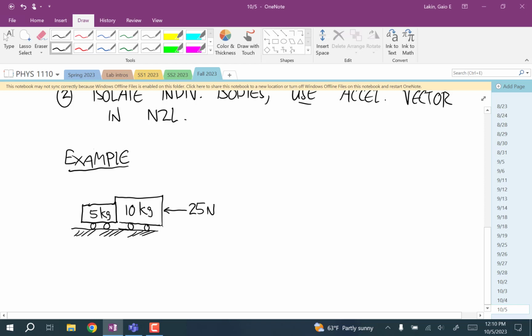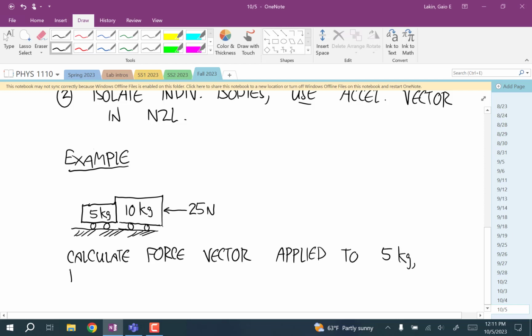And there's a 25 Newton force being applied to the side of the 10 kilogram one. And we want to calculate the force vector applied to the 5 kilogram by the 10 kilogram.